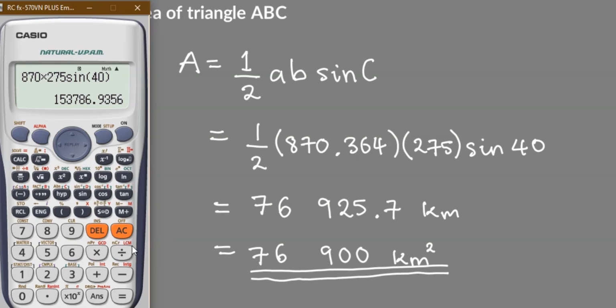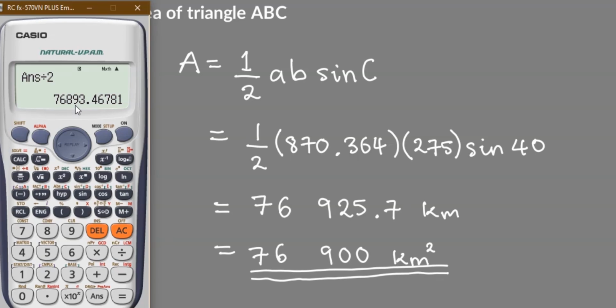I divide it by 2. I want you to notice how different this answer I've gotten is from the answer that we had. This one is 76,893.4. Now, if you look at this answer that I have, and I round it off to 3 significant figures, it means I'll be rounding off with a 9. After rounding off this answer, you can see that I still have 76,900 square kilometers.